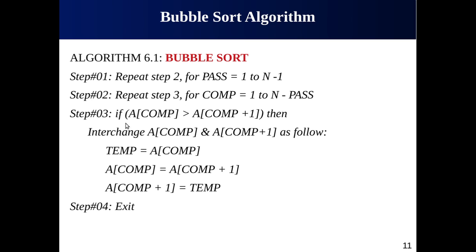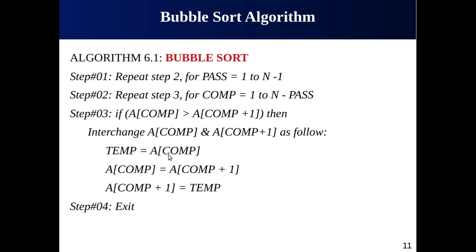It is important to understand how we actually interchange the values of two variables. For example, in this case we need the help of a third variable, and we are giving it the name temp.